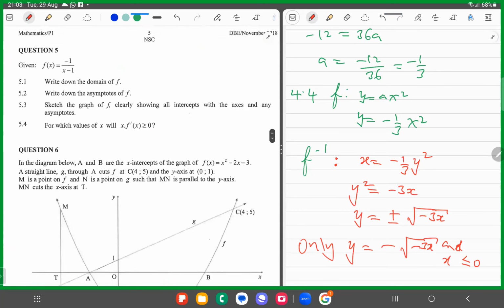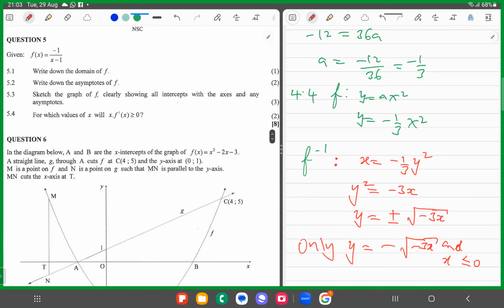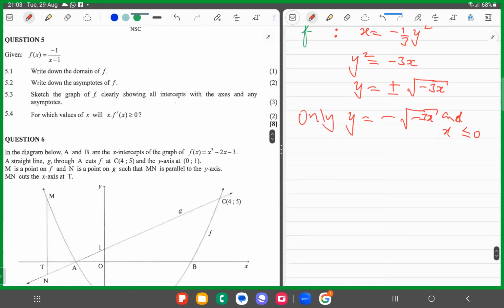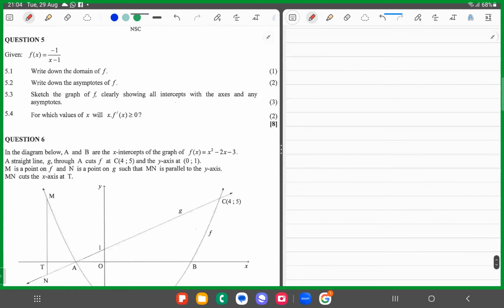Right, the next thing is we look at another question on graphs and functions. Question 5. Let's look at 5.1. Write down the domain of f.